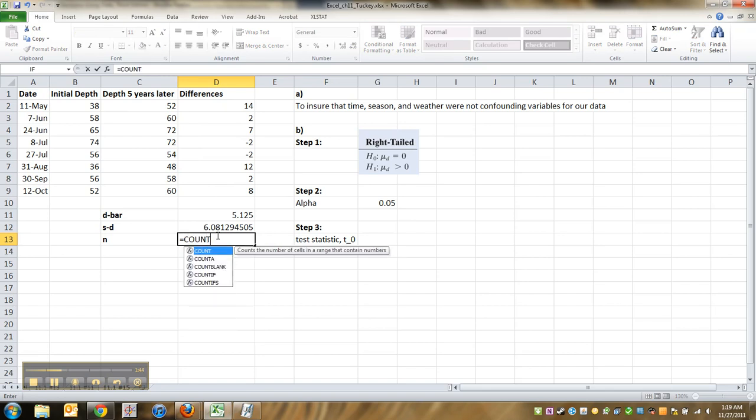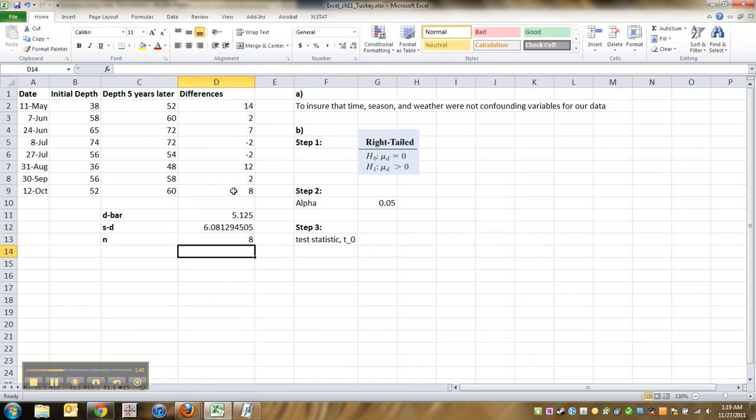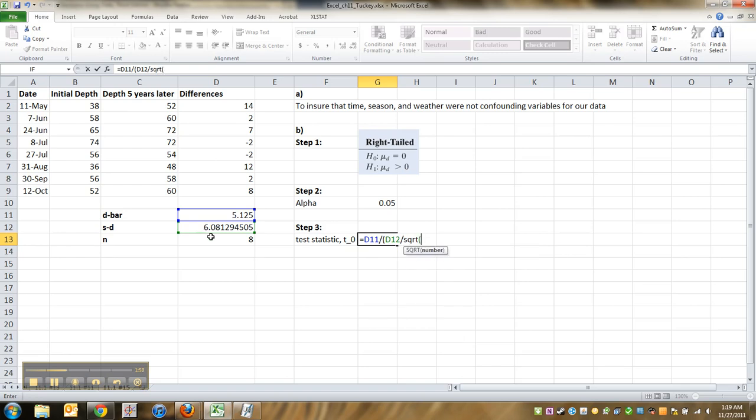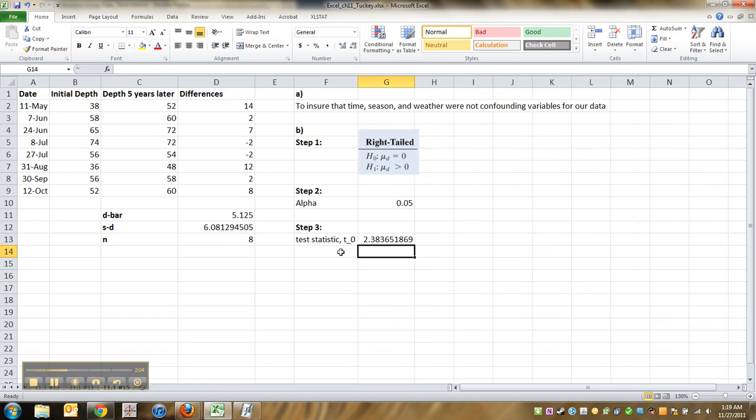And then count of those numbers. There we go. Okay, so the test statistic is equal to D bar, which is that number, divided by parentheses SD, divided by SQRT of N, close parentheses, enter. There's your test statistic. Beautiful.